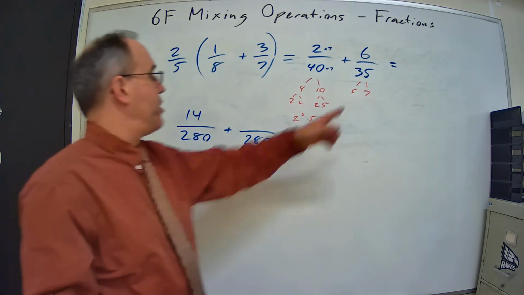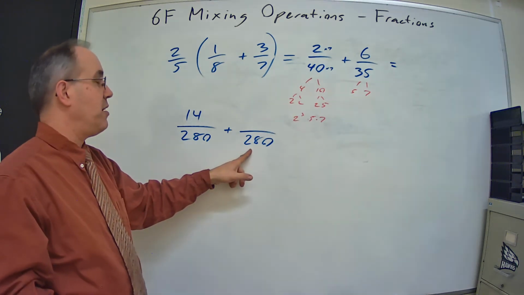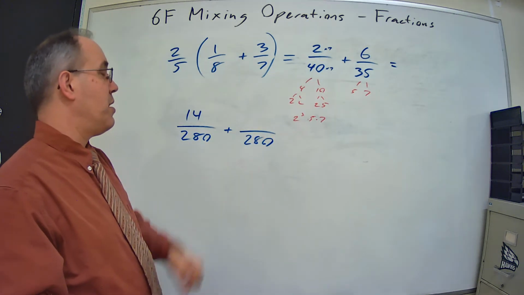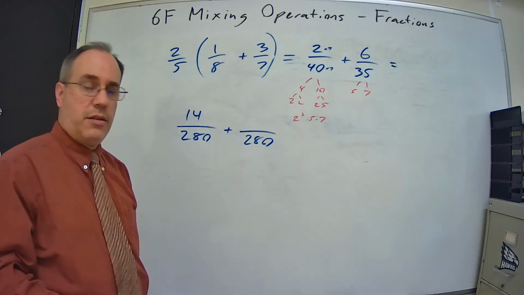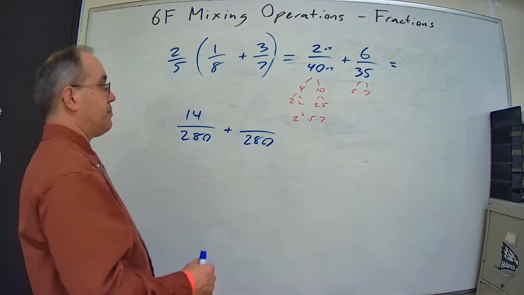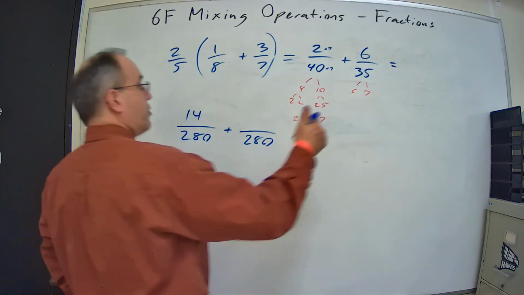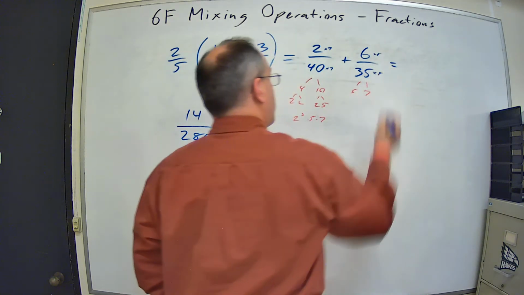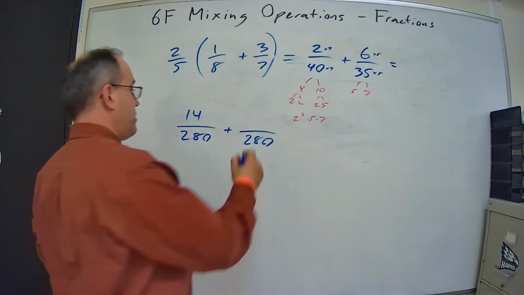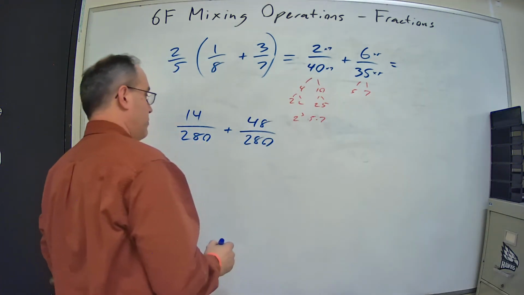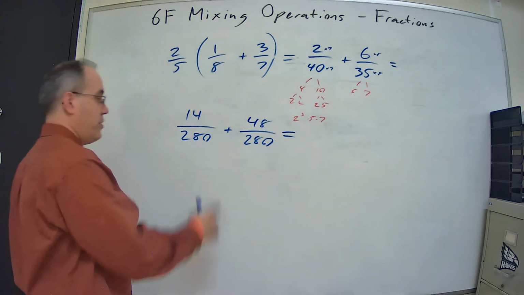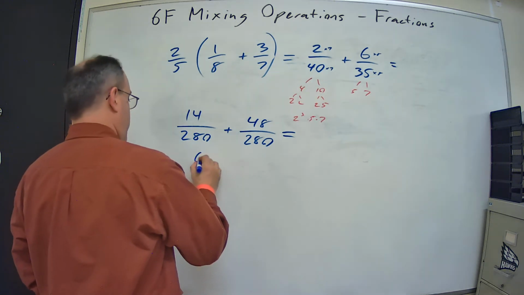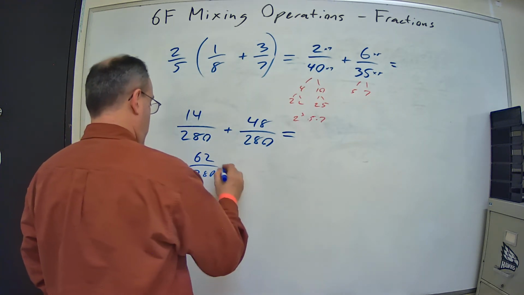And then 35 times what will give me 280? Let's see. 35 times 8 will give me 280. So times 8, times 8. 6 times 8 is 48. So now I have a common denominator. 14 plus 48 is 62 over 280.